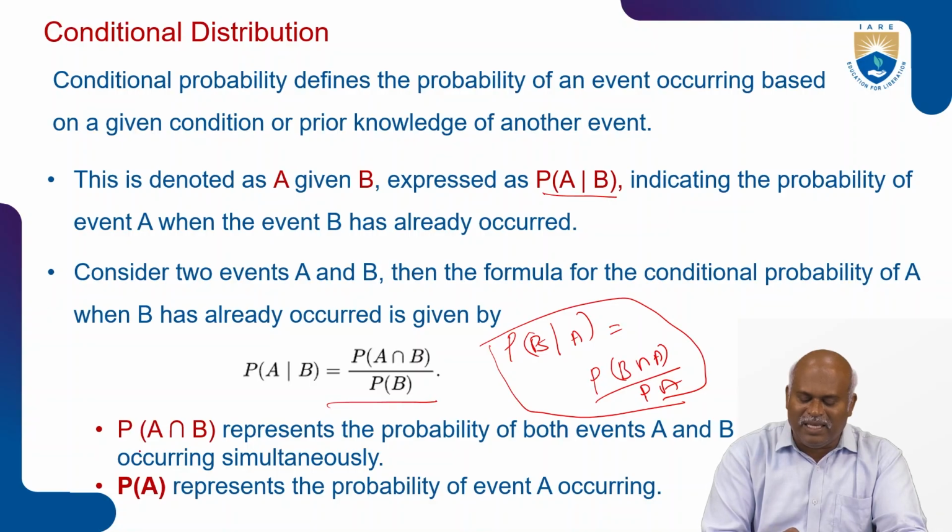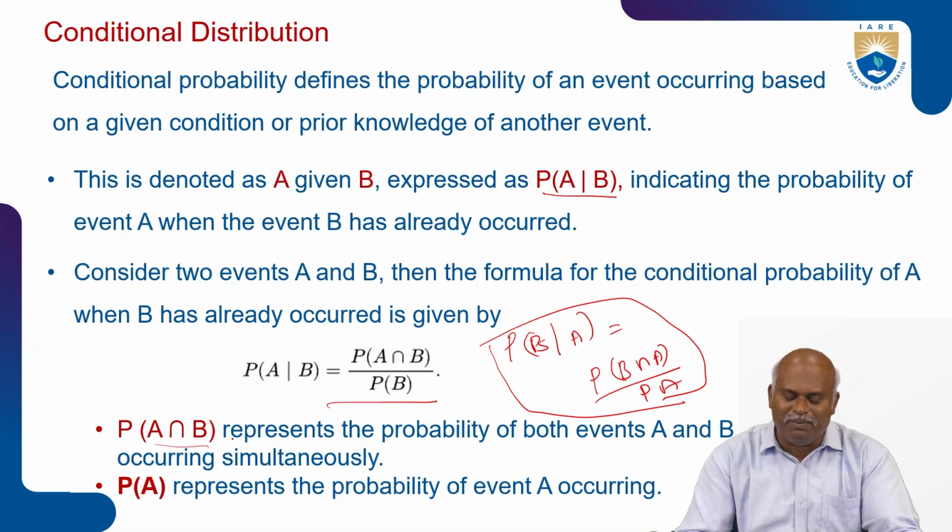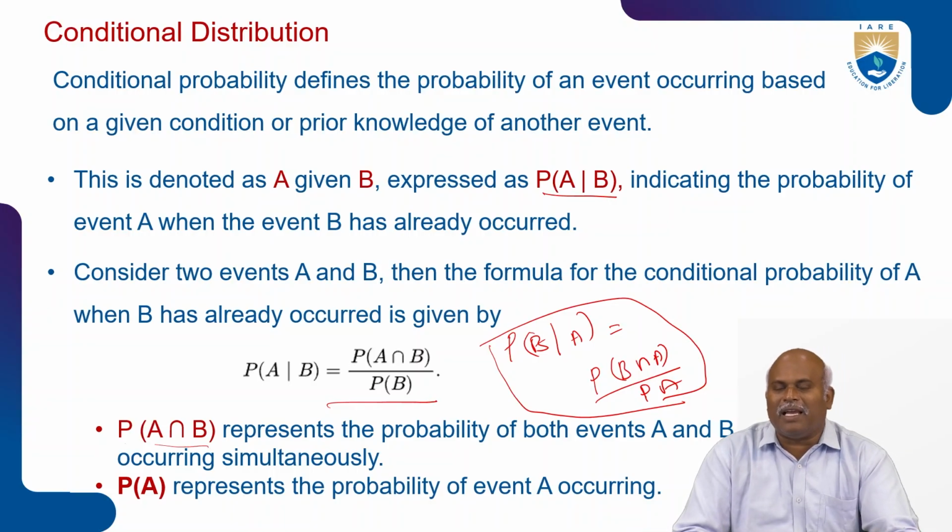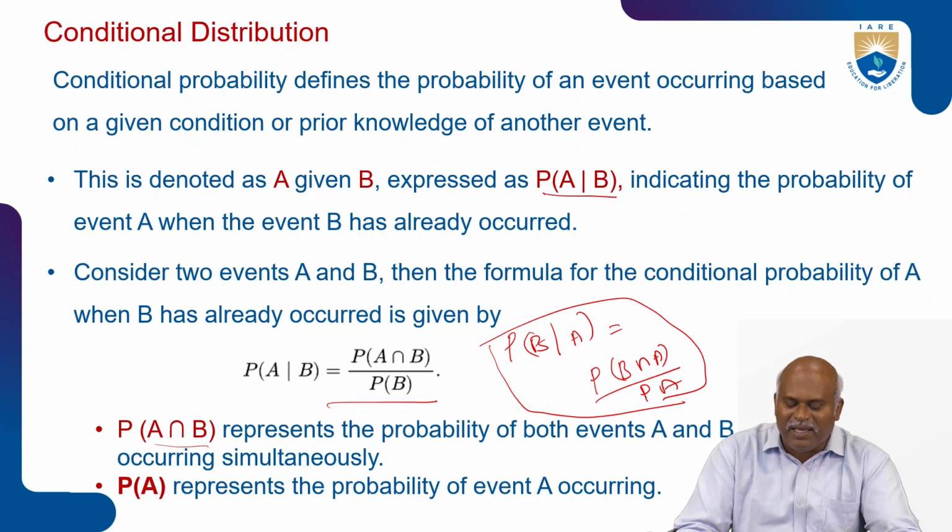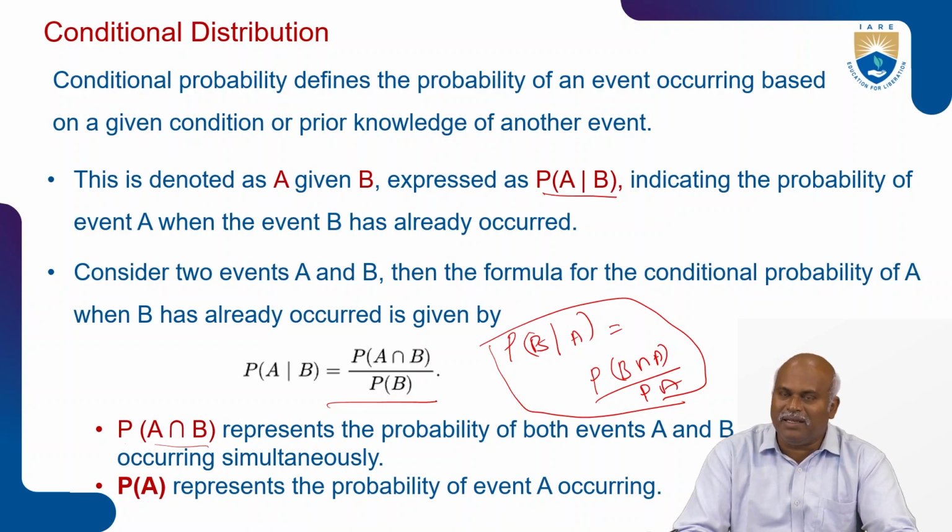So here P of A intersection B, or P of A and B, represents the probability of both events A and B occurring simultaneously. P of A represents the probability of event A occurring.